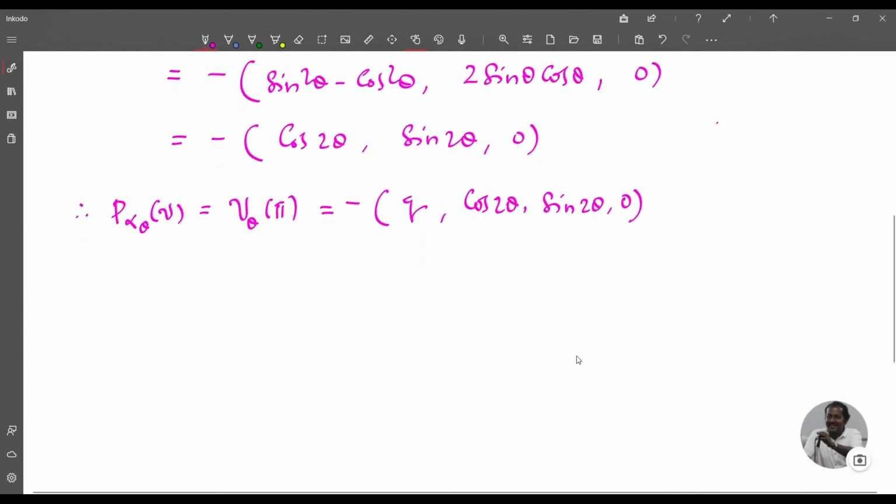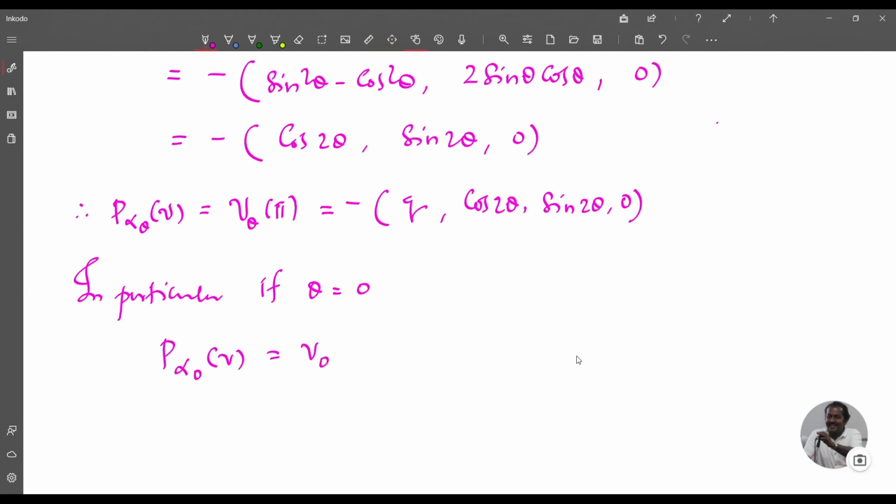So in particular, if theta is 0, P alpha 0 of V, this is V 0 of pi, this is actually equal to minus, acting at Q, cos 0, sin 0, 0.